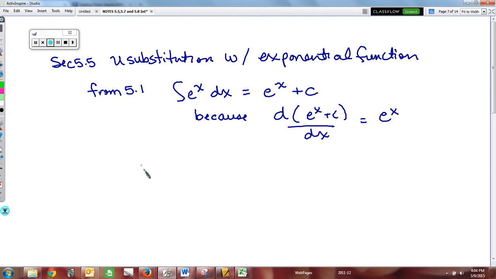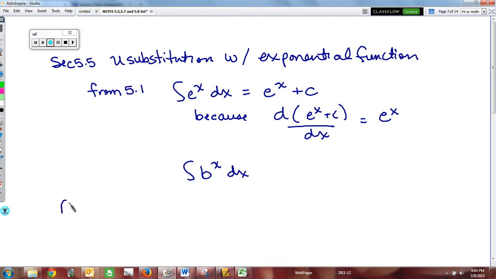All right. What's more interesting is the ones where your base is not e. So what if I wanted to find the antiderivative of, say, 2 to the x or b to the x dx instead of e to the x?